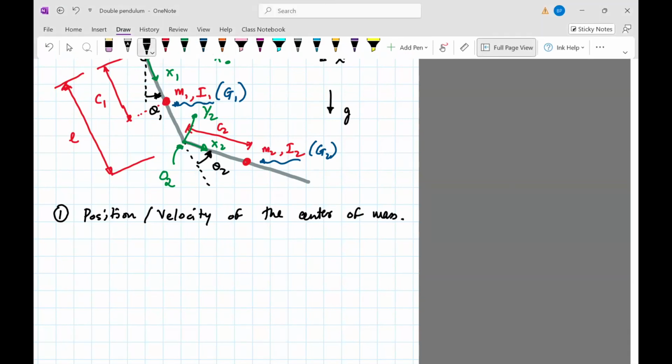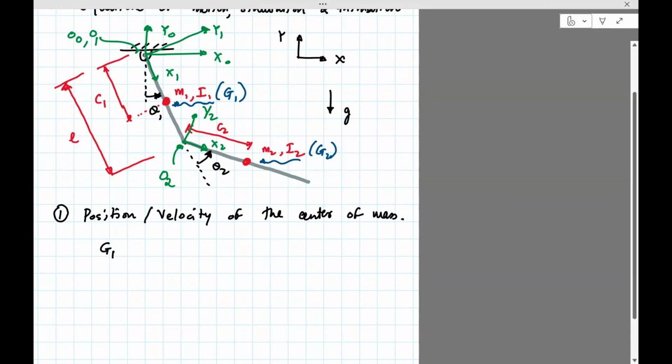So what I'm interested in here is the position in the world frame. And I know that from our homogeneous transformation matrices, this is H10 times G11.